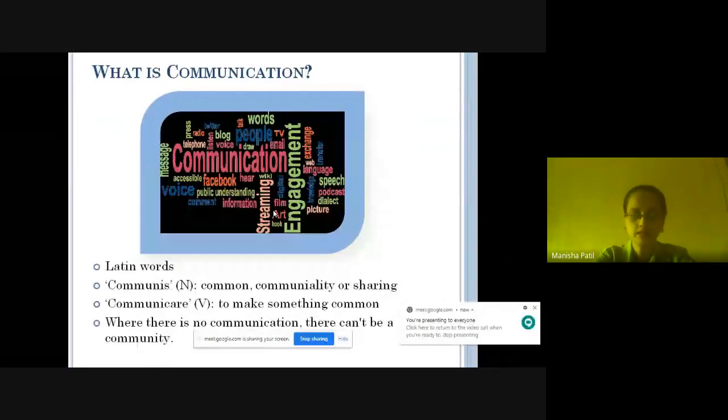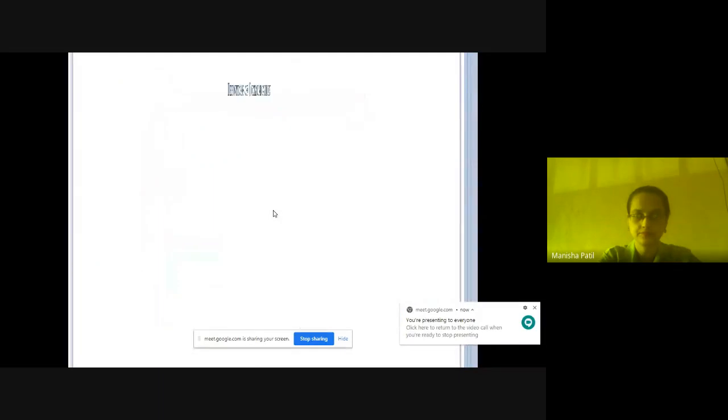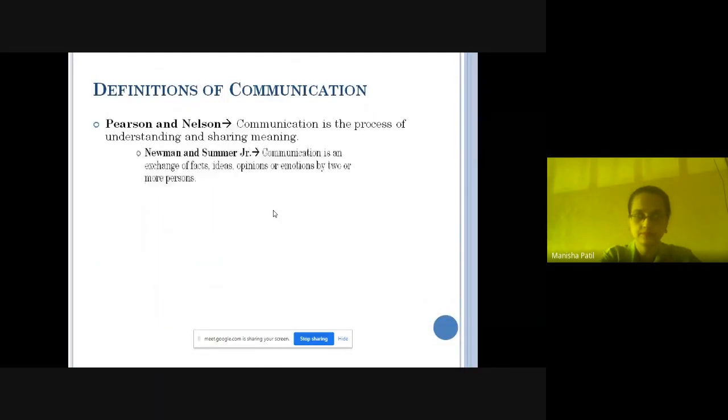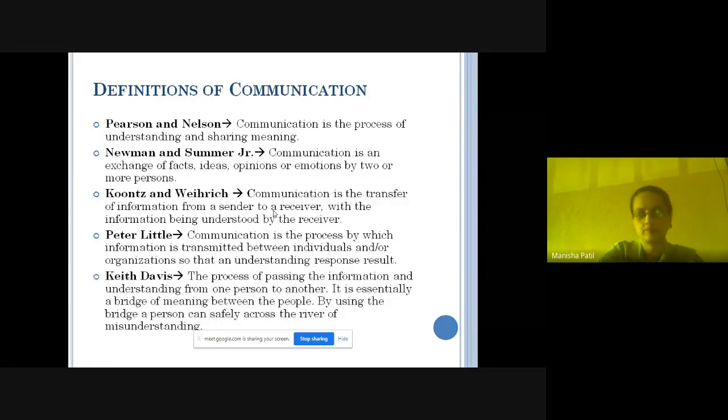See the spelling? Two Latin words, communis and communicare. Write down the definitions. See the spelling.